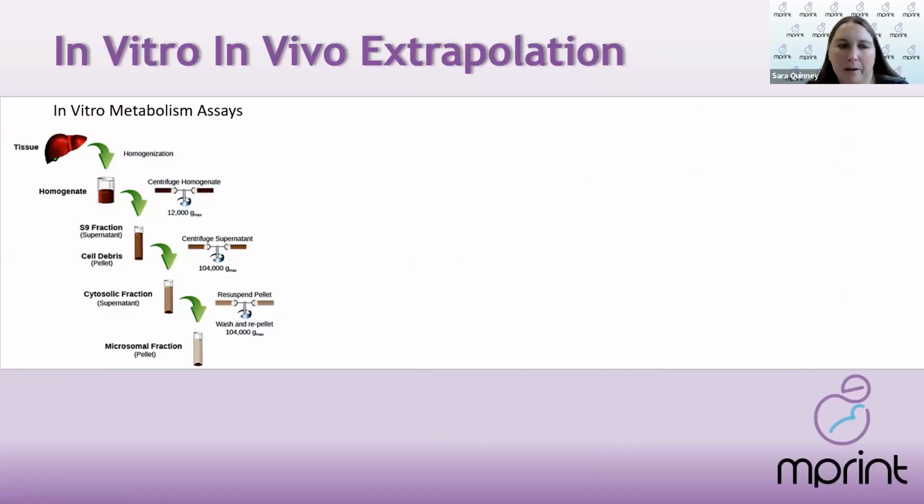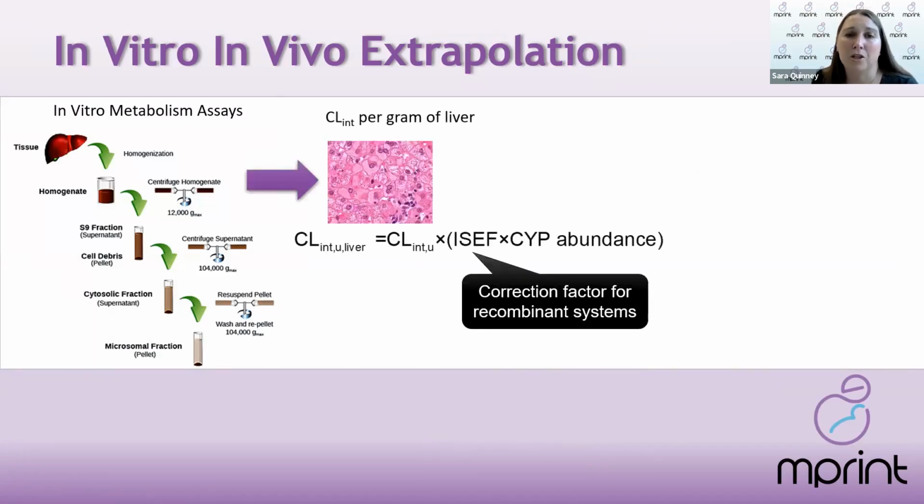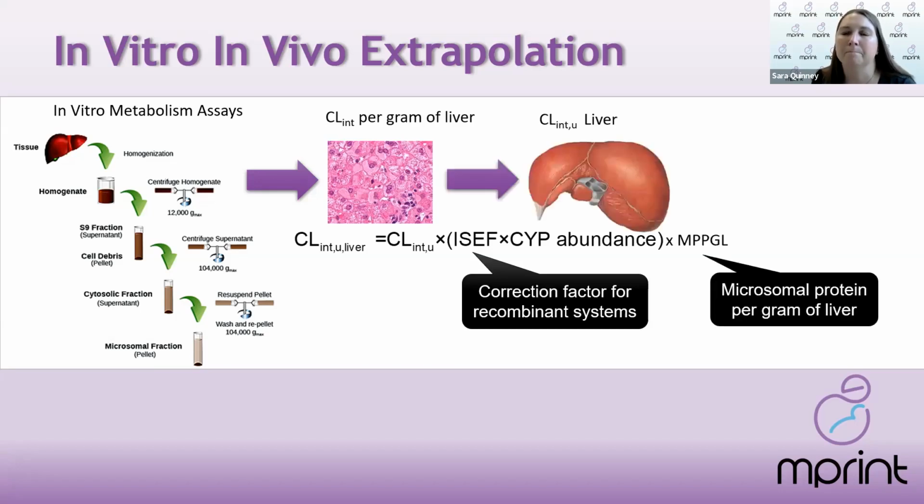One of the keys to PBPK modeling is using in vitro to in vivo extrapolation to assess the clearance of a drug. This will allow us to take data from an in vitro metabolism assay in S9 fractions or microsomal fractions, and scale the intrinsic clearance gained from the in vitro assay to an intrinsic clearance per gram of liver using scaling factors and corrections for enzyme abundance.